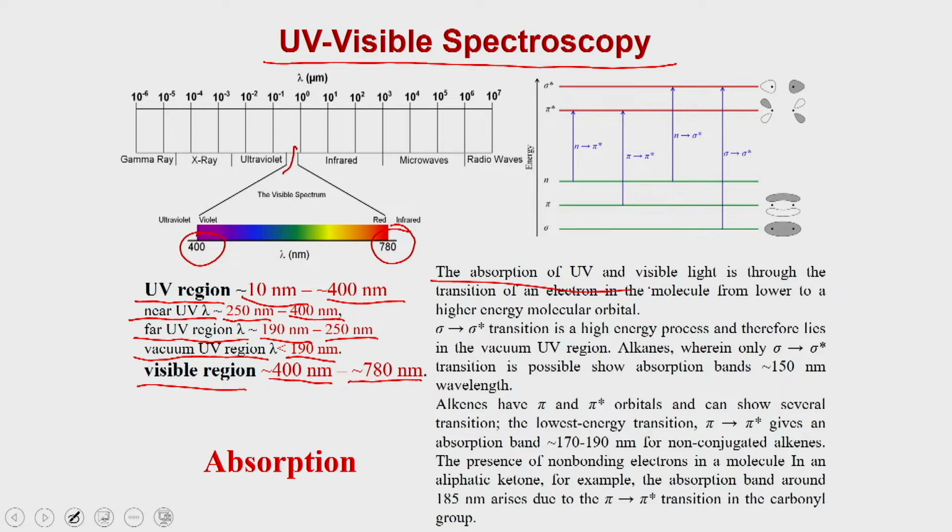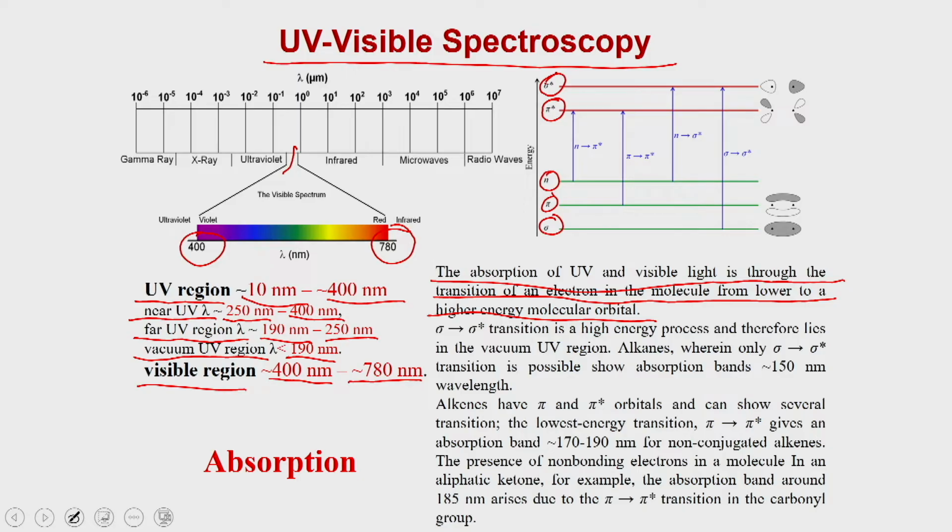The absorption of UV and visible light is through a transition of an electron in the molecule from a lower to a higher energy orbital. So, you can imagine that you have the sigma, pi, pi star and sigma star, and all these are the different energy states to which the electron can go for higher transitions.